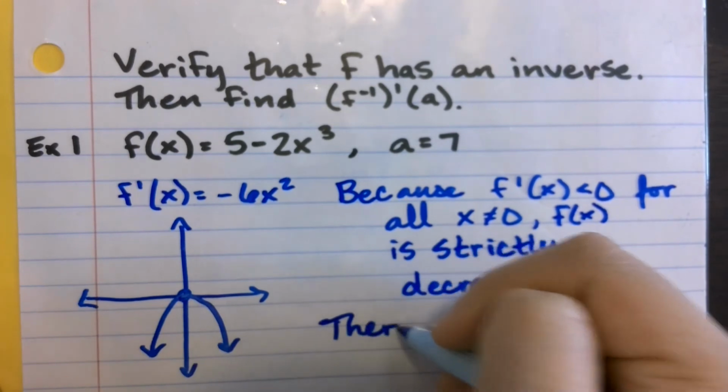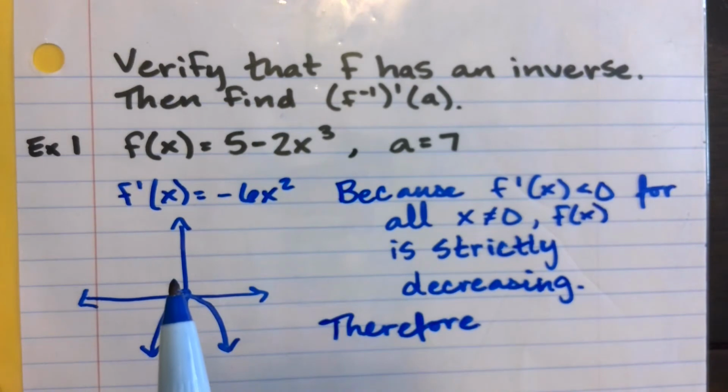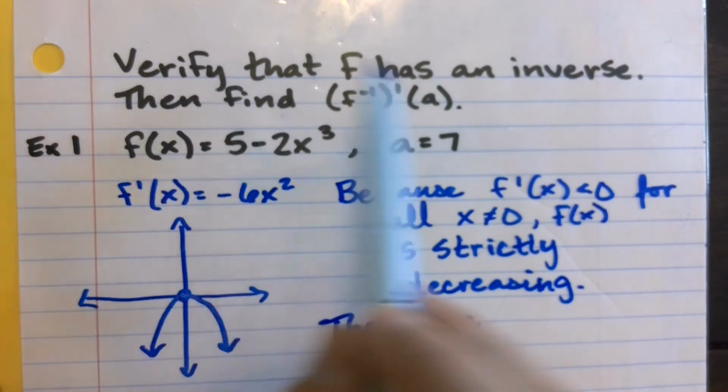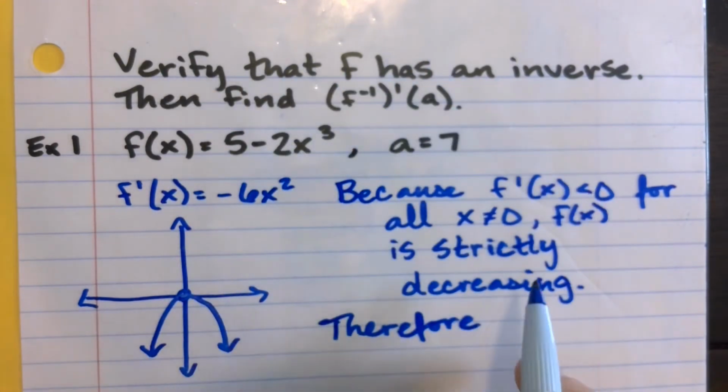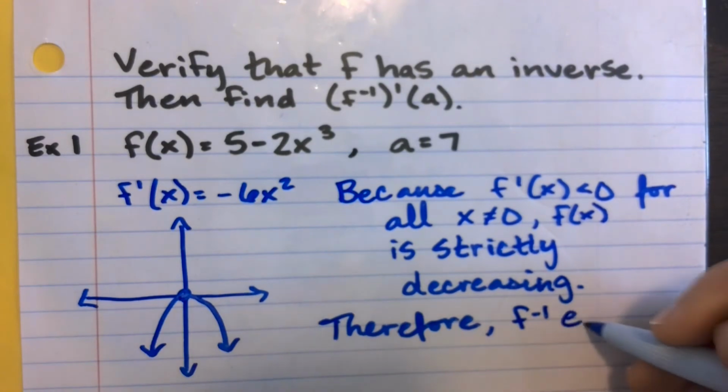Therefore, so remember our whole job here was trying to decide that f had an inverse. So because it was strictly decreasing, it was monotonic, we're going to say therefore our f inverse exists.